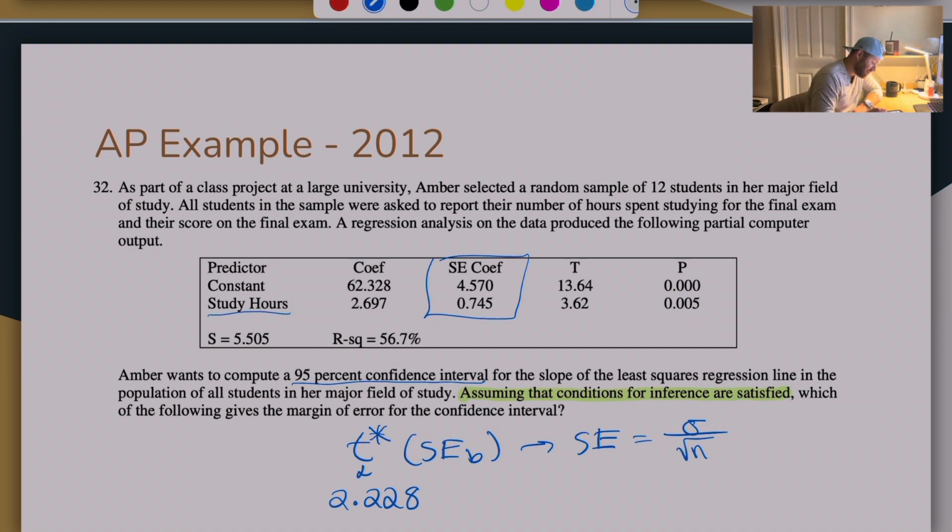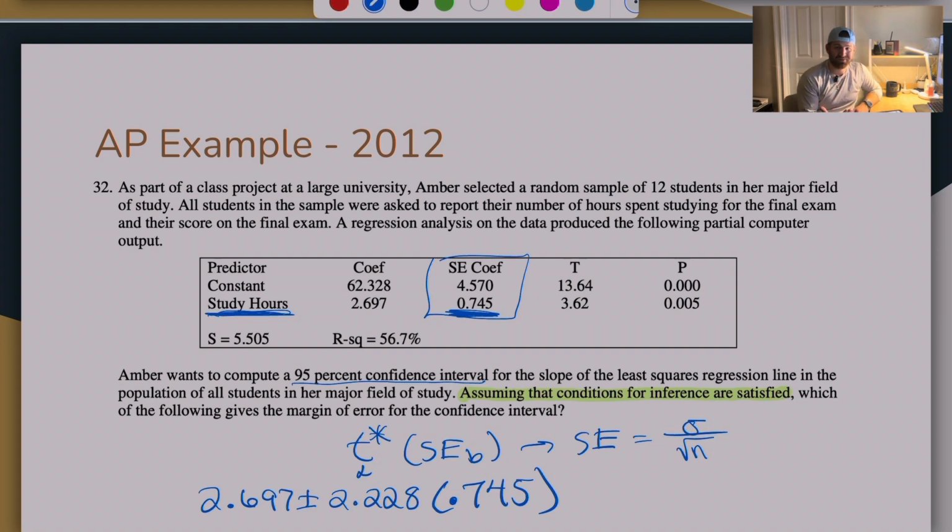And the standard error of my slope, remember, is always going to match whatever your x variable or explanatory variable is. So it should be 2.228 times 0.745. The full interval would be 2.697 plus or minus that.